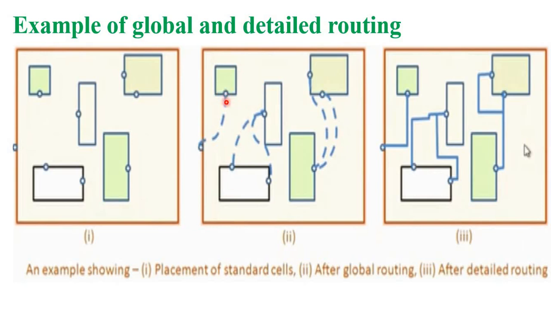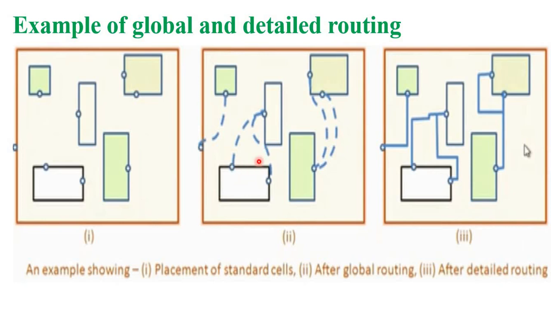So we can interconnect like this. The interconnections may be like this, or the pin connection like that, or sometimes the interconnections may be in this way also. So that is called global routing.